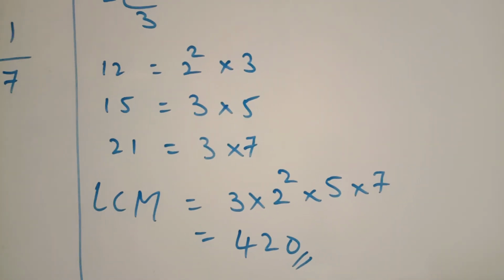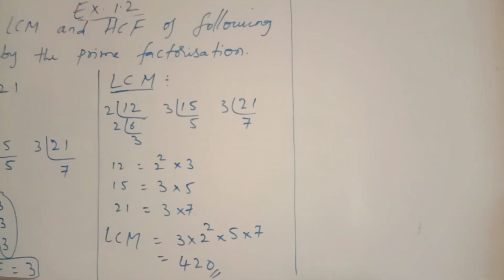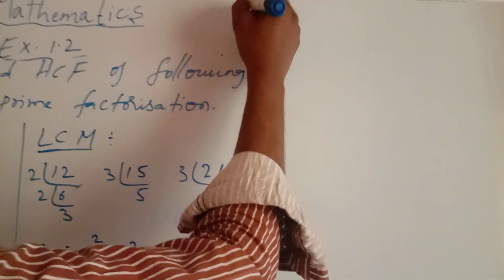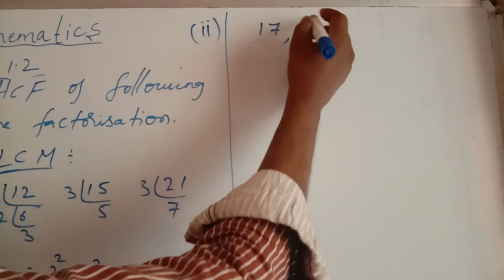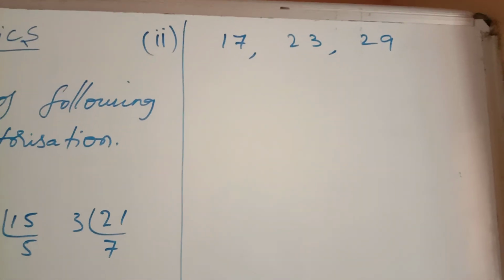Similarly you can find the other one, and the second one is 17, 23, 29. You can observe clearly that 17, 23 and 29 are prime numbers.